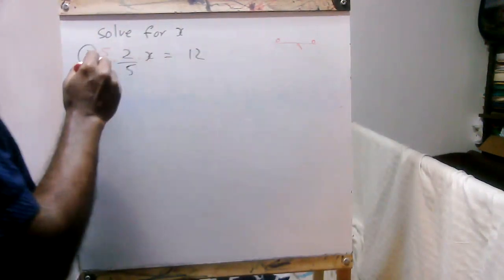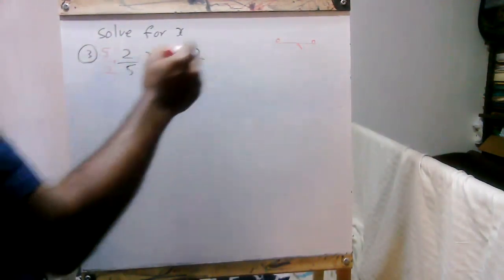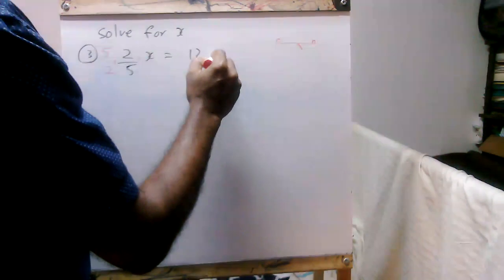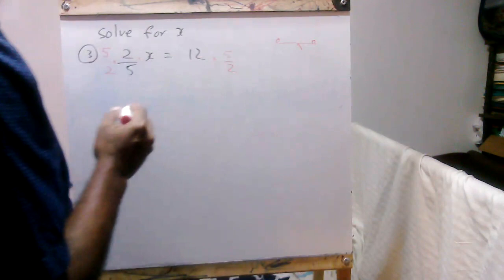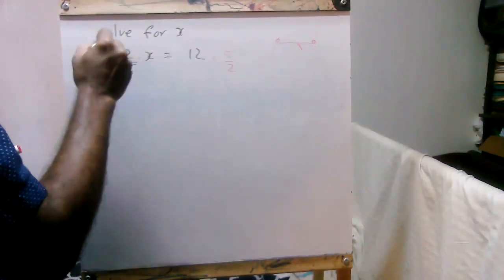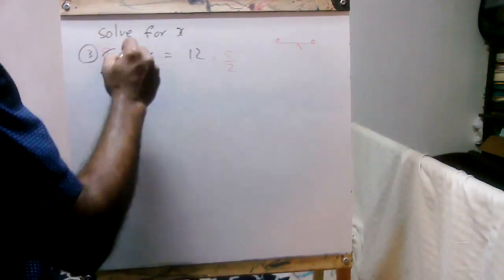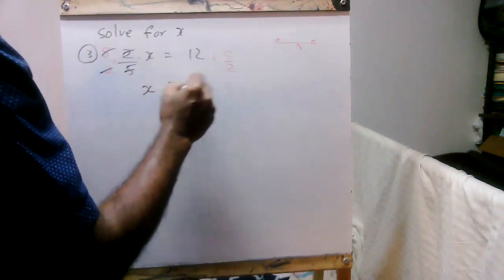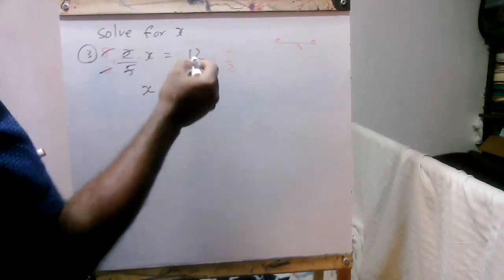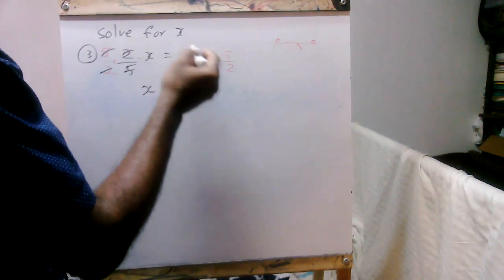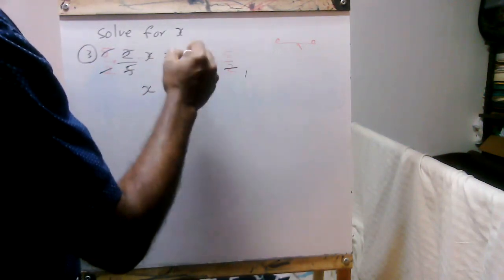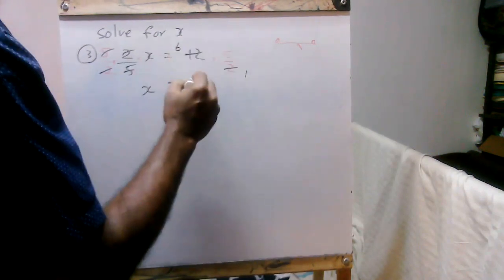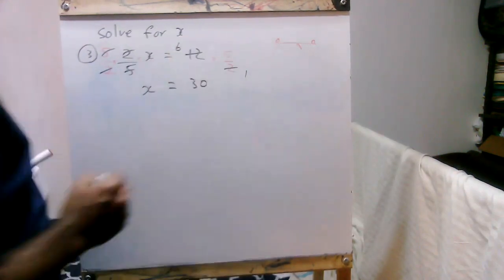Means we multiply left side by 5 over 2, we have to multiply right side also by 5 over 2. Then this side cancels out, we get x equal to, if anything is cancelling out, do that. Cancelling means dividing. We can divide 12 by 2, 2 times 6, 6 times 5 is 30. Right?